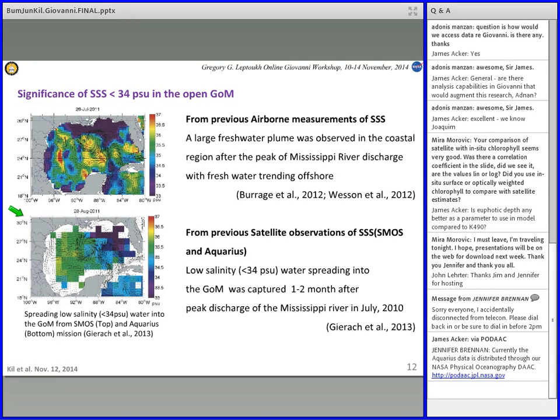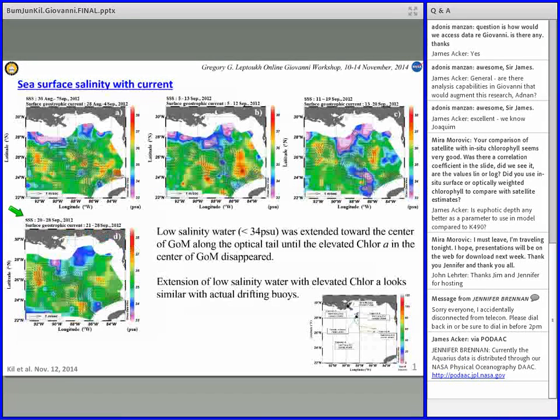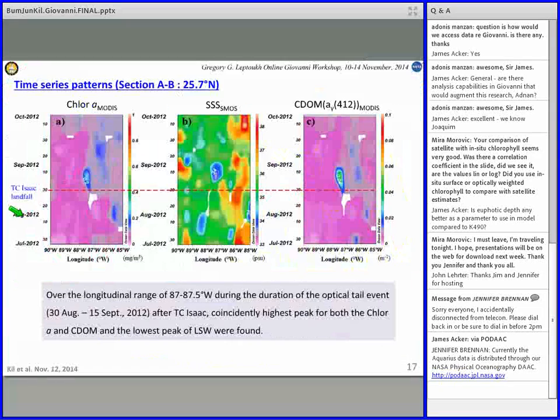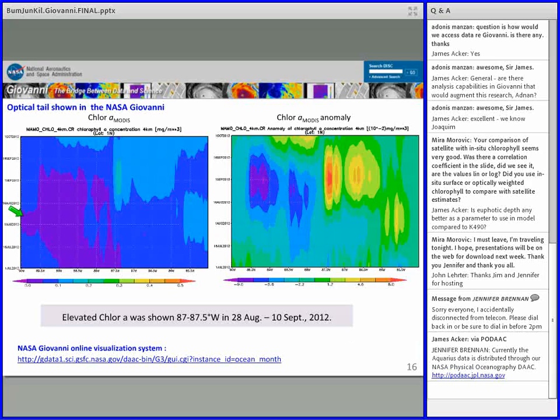Like I'm showing in here, and I showed you the Hovmöller diagram right here. This diagram is not easy to plot by ourselves because we have to use MATLAB and we have to download lots of data products. But the good point of Giovanni is that we don't need that long process.